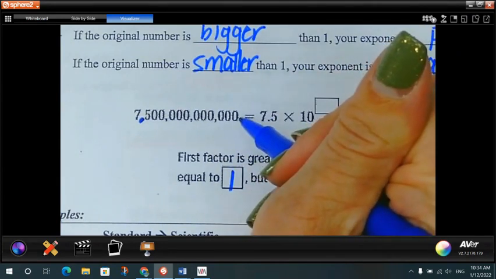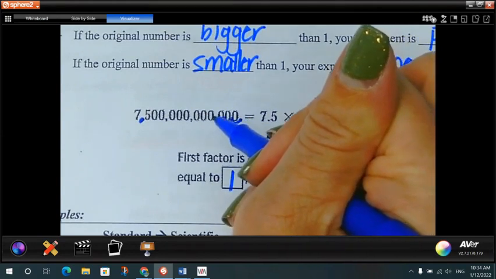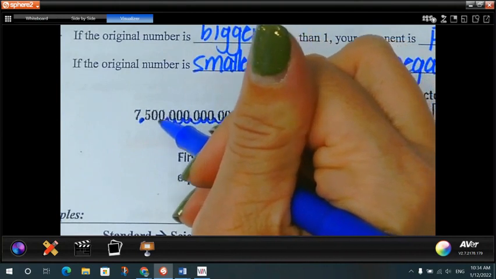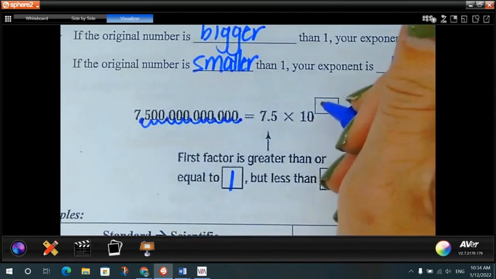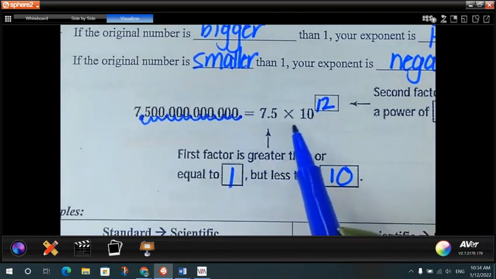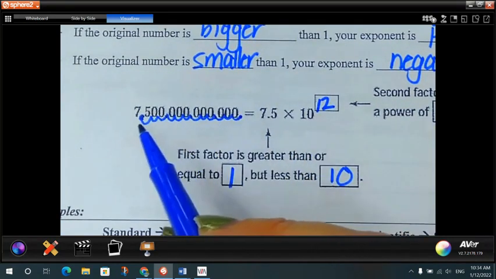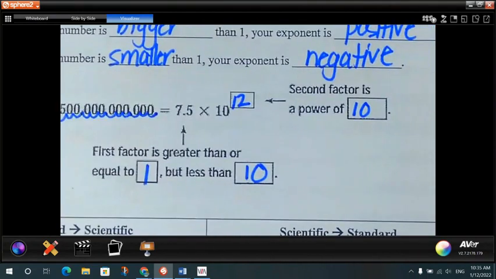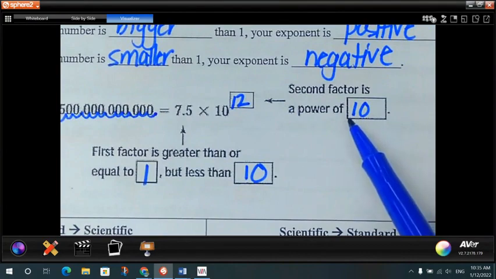So I moved from this spot, which is where my decimal point was, 1, 2, 3, 4, 5, 6, 7, 8, 9, 10, 11, 12. We moved 12 places. Okay, and so 7.5 times 10 to the 12th is how we would write this number in scientific notation. Okay, the second factor is a power of 10.